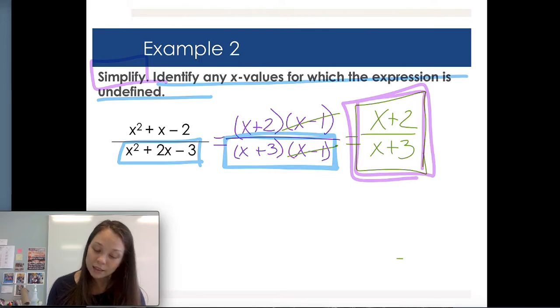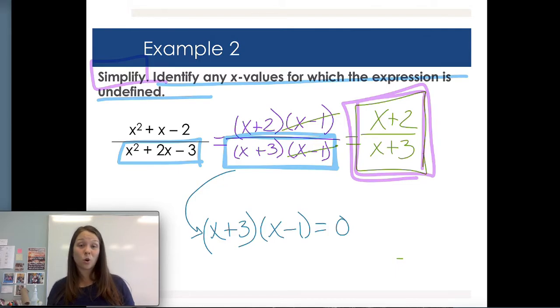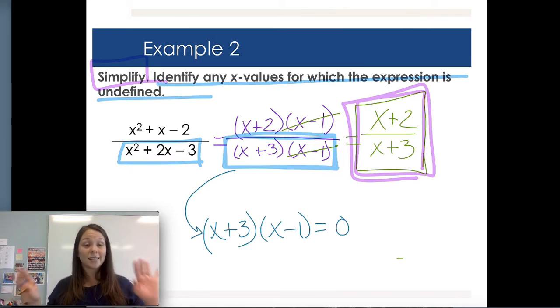So if we take this factored form of our denominator and we set it equal to 0, and we solve for x, we can use that zero product property, which you probably didn't remember the name of, but that's okay. That says if you have two pieces being multiplied together, you can break those pieces apart and set them both equal to 0 and solve for x.